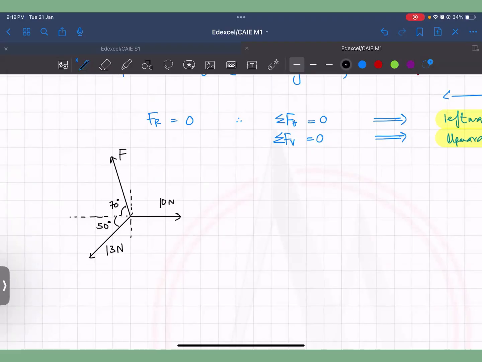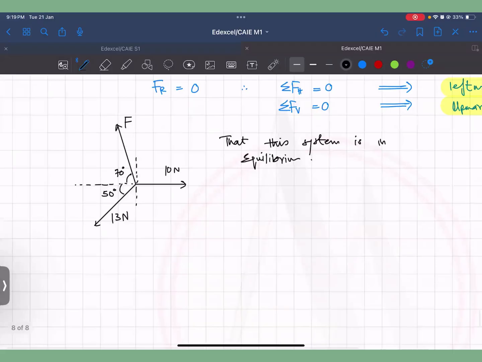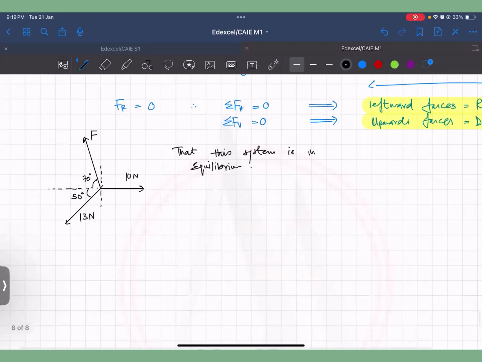Now they are telling you that this system is in equilibrium. When you see this word equilibrium, this should click in your mind that the sum of forces would be equal to 0. The sum of horizontal forces would be 0 and the sum of vertical forces would be 0.